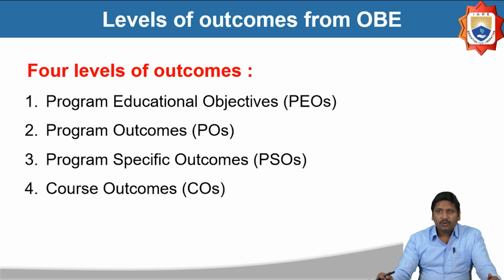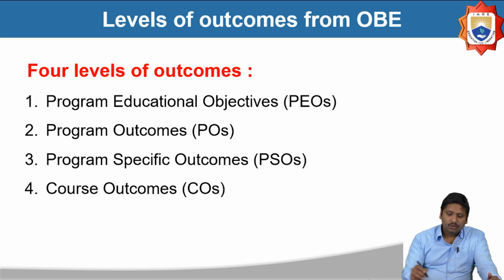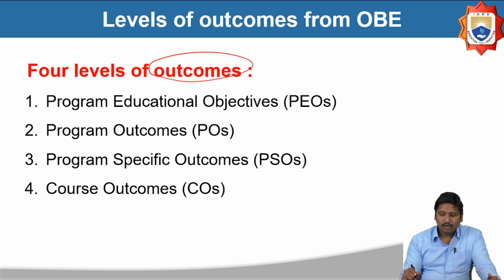Next, we're going to see what should be the various levels of OBE. Normally the outcomes are going to be classified into different levels, like program educational objectives and program outcomes and program specific outcomes and then course outcomes. Okay, so normally the outcomes will be at different levels.